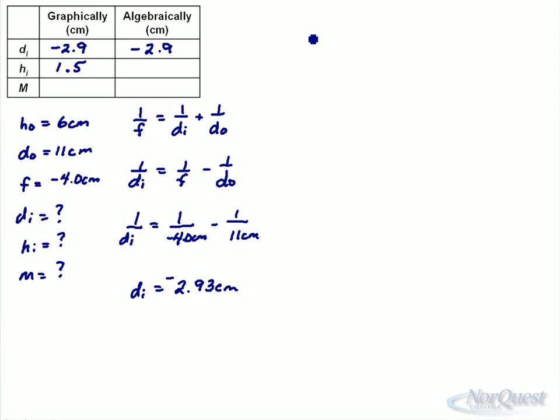Now use the magnification formula, HI over HO equals negative DI over DO, manipulate for HI, negative DI times HO over DO, put your numbers in.